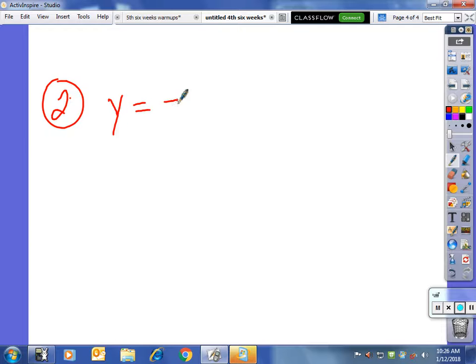Y equals negative x squared minus 2x minus 2. Try that one.